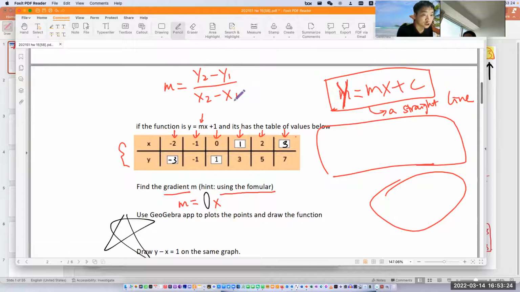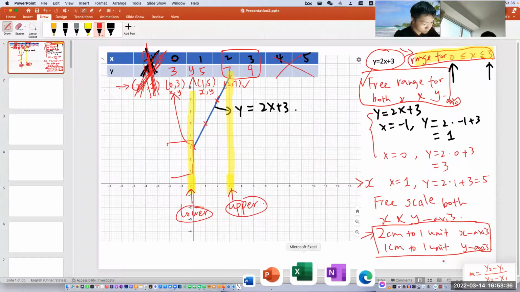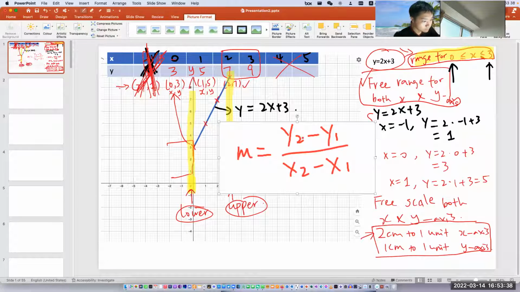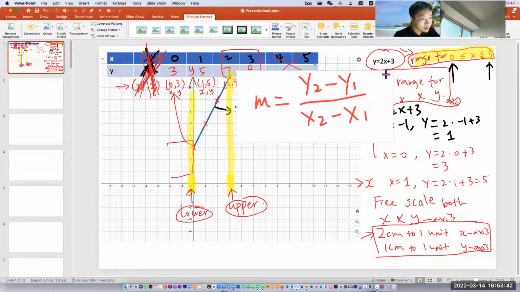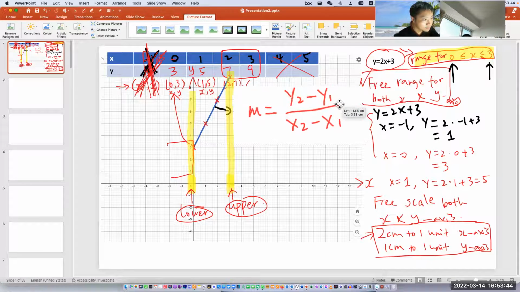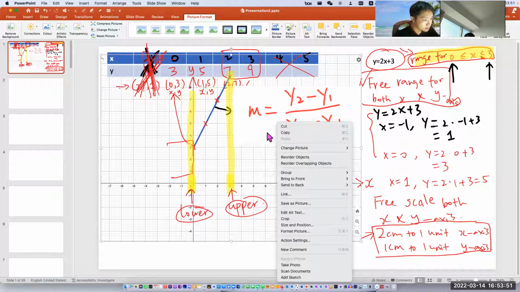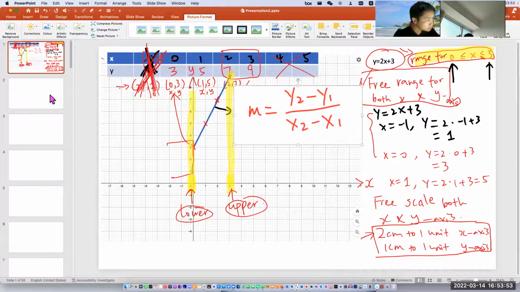I'm going to explain this to you using the PowerPoint and the graph we drew just now. Okay, so this is the formula, right? Let me get it to the next page.